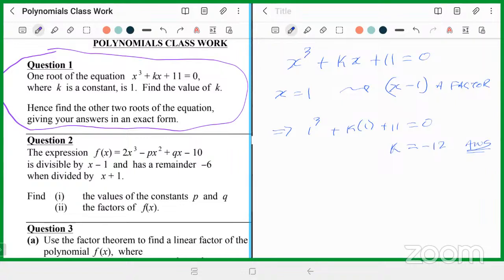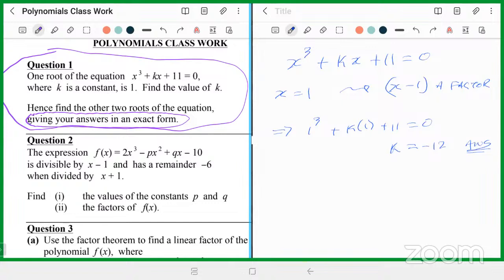And this statement here is like a hint to me to say it cannot be the quadratic part of it, because this is going to be the linear factor, x minus 1. The quadratic part of this equation, we won't be able to factorize it. And so they're telling us how we should give the answer. We have to give the answer in exact form, meaning no decimal point or anything like that, no decimals, no correcting, no rounding off.